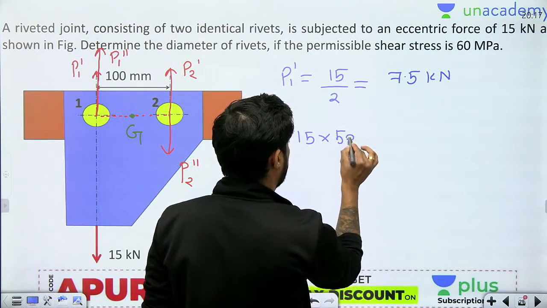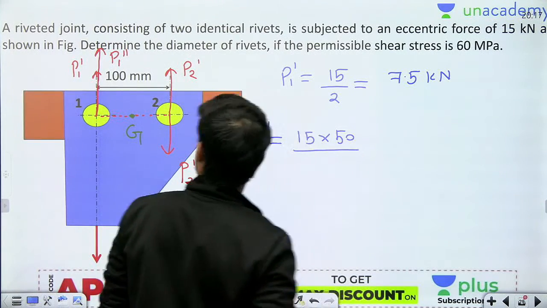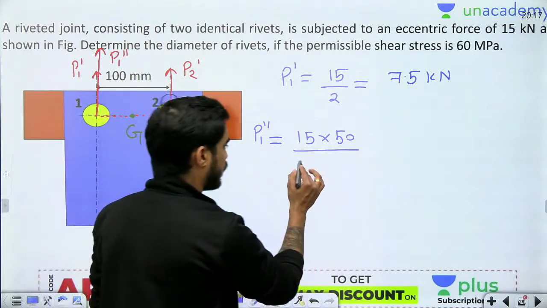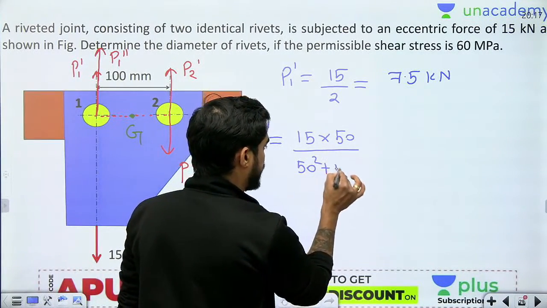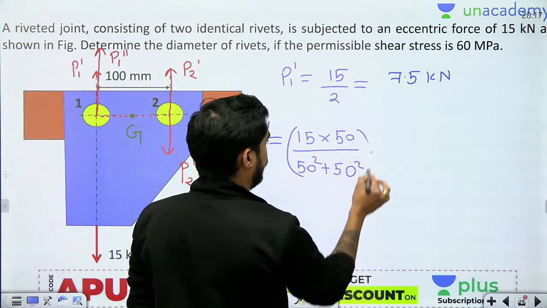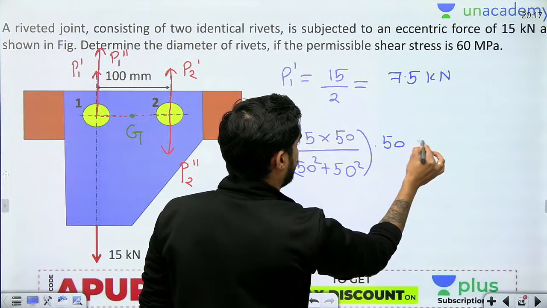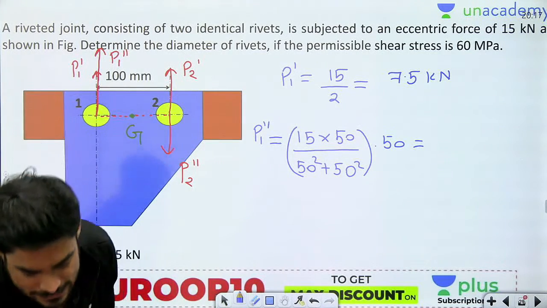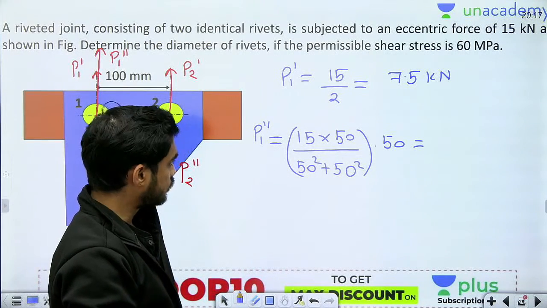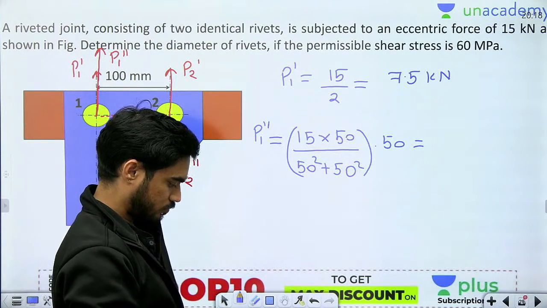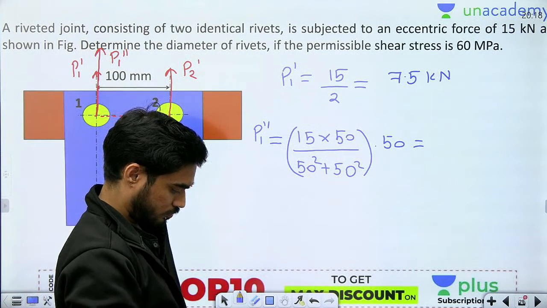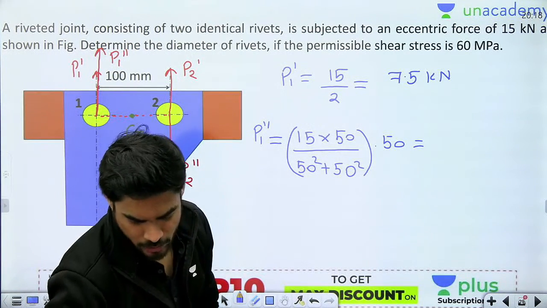E is the distance 50, divided by R1 square plus R2 square. दोनों का डिस्टेंस 50. तो 50 square plus 50 square. सो दिस इज C multiplied by R1 50. So how much P1 double dash are we getting? 7.5 kilonewton only.